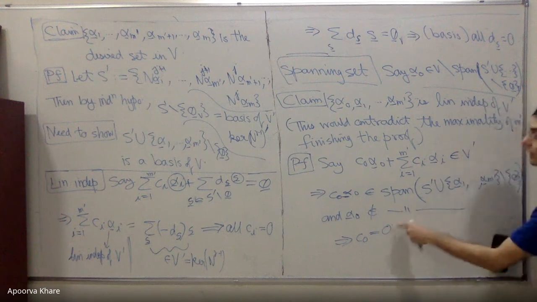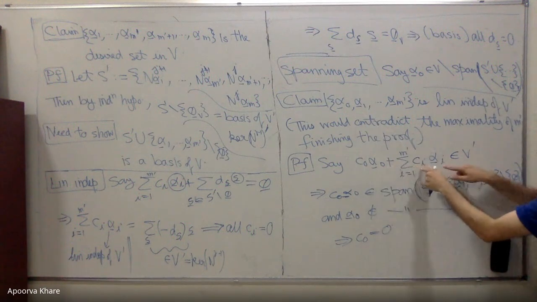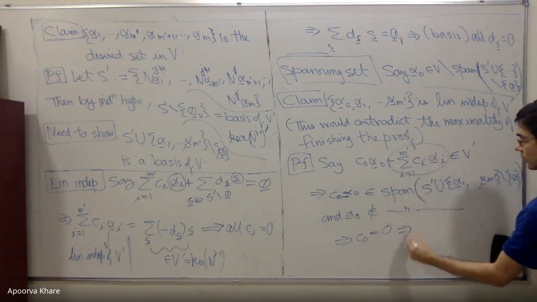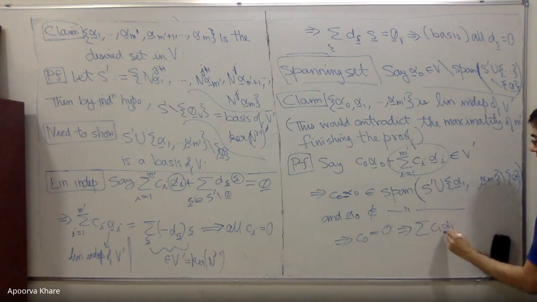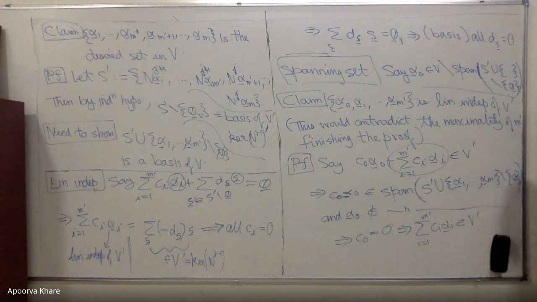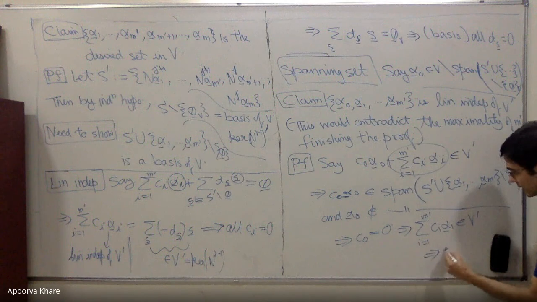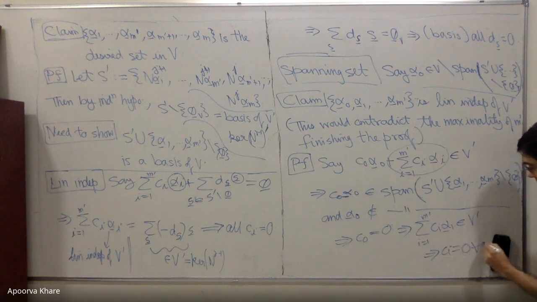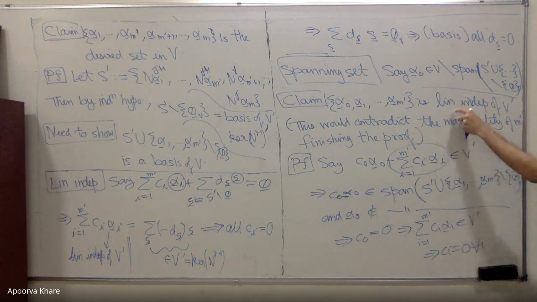And since now C naught equals 0, therefore this linear combination is in V prime. But now because these guys were linearly independent in V prime, therefore all the other Ci's are 0. And that was what we wanted to do.